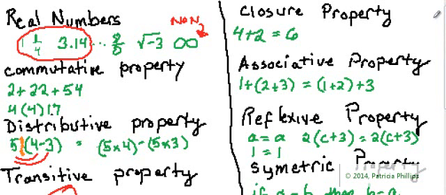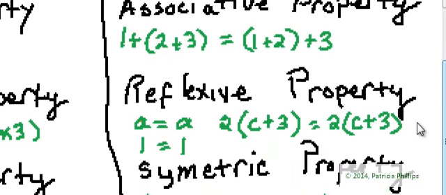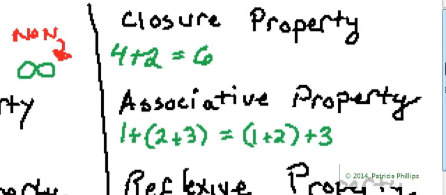And it's easy to tell the difference between, let's say it's the distributive property, 5 times 4 minus 3, or whatever. Okay, well, you know that it's not one of the ones at the bottom. You know that that's not reflexive or transitive or symmetric because it doesn't have an equal sign in between two different expressions.